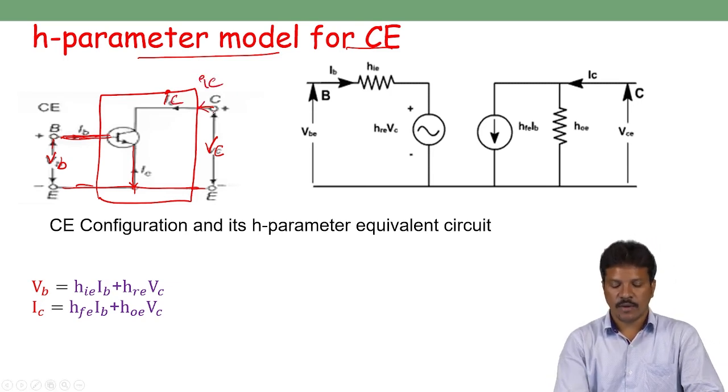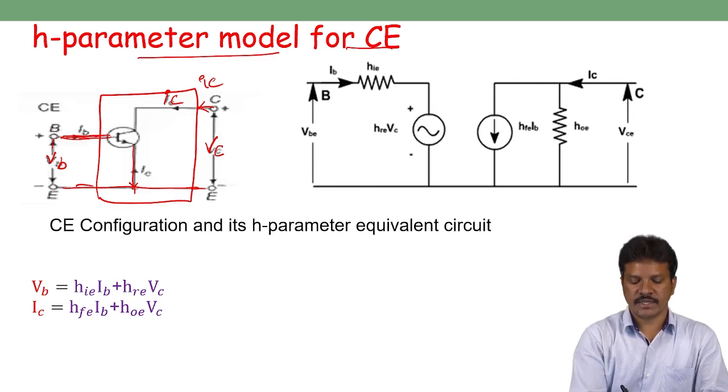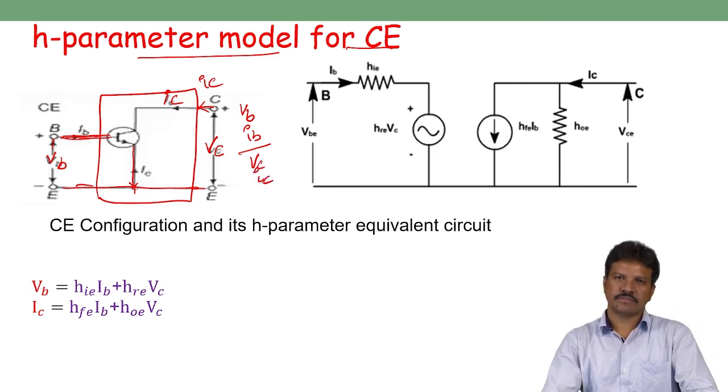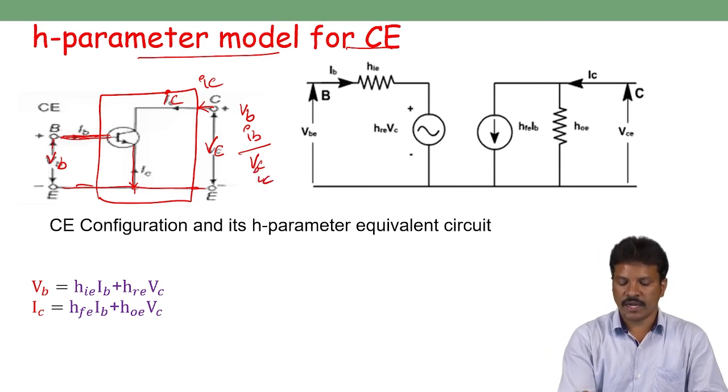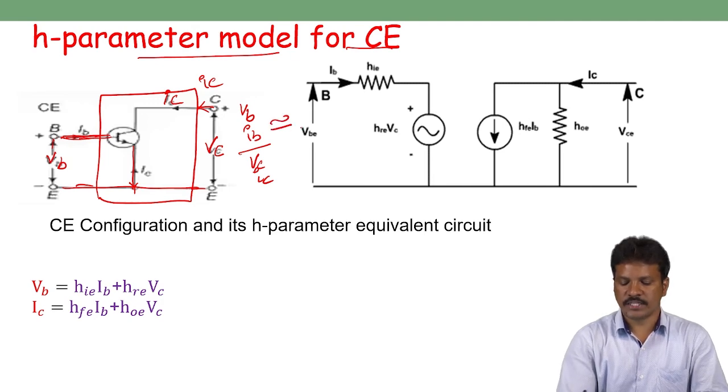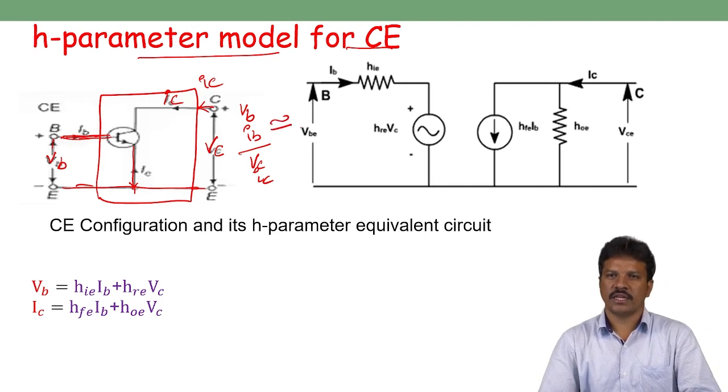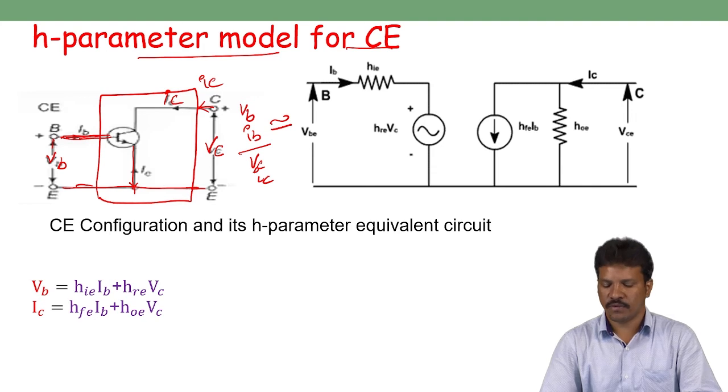So here are four parameters, two voltages and two currents: VB, IB, and VC, IC. Now, what is the equivalent H parameter circuit for common emitter configuration of a transistor when we connect a two-port network?